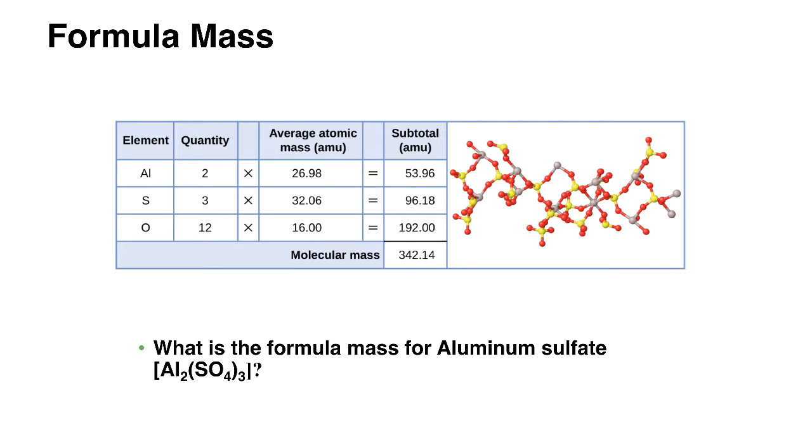Now, why do you multiply that by 3? Well, it's inside the parentheses, and so you have to take 3 times the sulfur, and you get 96.18. And then the oxygen, it's 3 times 4, or 12 times the AMU for oxygen, or 12 times 16, which is 192. And you add all that up and you get 342.14.